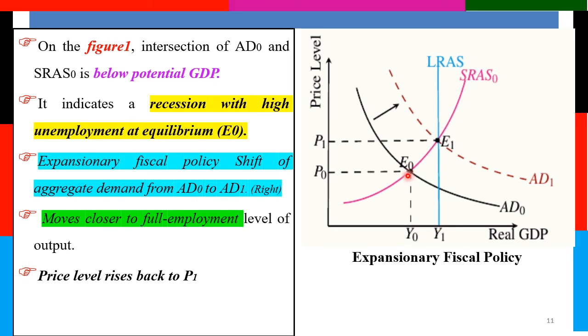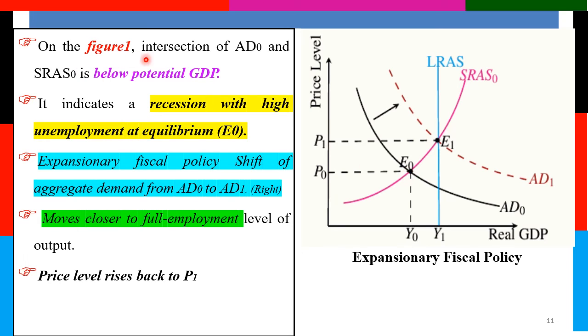But when you take this point, point E, resources are underutilized because it is below what? Below the potential point. This is the potential point, and this is the point at which resources are underutilized.